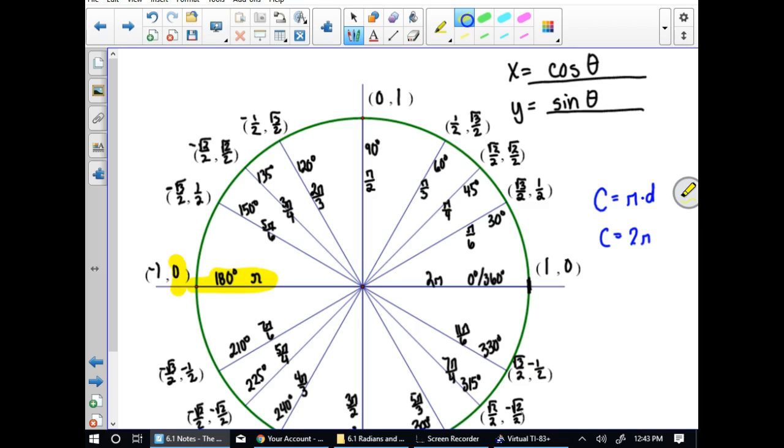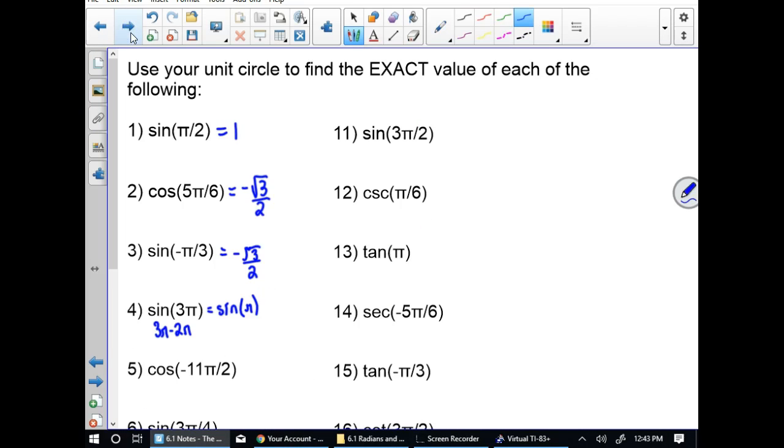Sine is my y coordinate, so 0 is sine of 3 pi. Okay, questions so far?